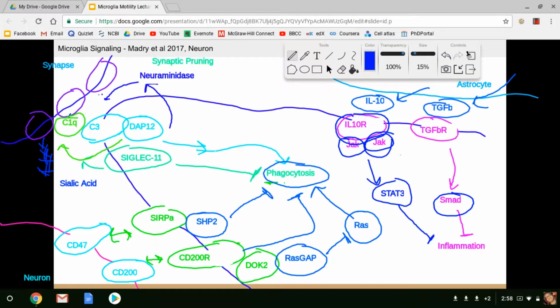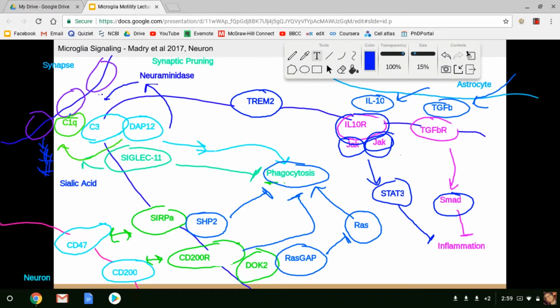And there's one more important player that I wanted to mention, which is TREM2. TREM2, I forget what it stands for, but it's a really important receptor, and certain mutations in TREM2 have been linked to Alzheimer's disease and other neurodegenerative diseases. What they found is that these mutations in TREM cause the microglia to be rendered immobile.